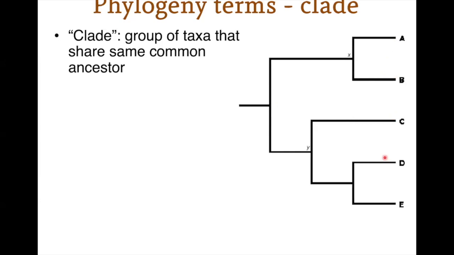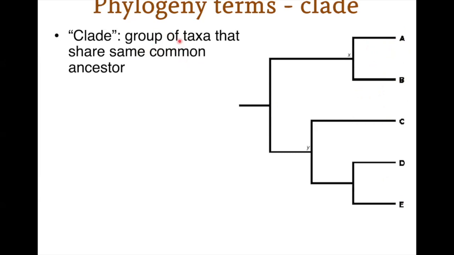So you can make phylogenetic trees out of any taxonomic group. So these could be individual organisms in a population, they could be species, you can go as far as different domains of life. You can make phylogenetic trees of different domains of life. So it doesn't matter, you can do them for whatever taxonomic groups of organisms you happen to choose. And the fundamental group of a phylogeny is this term clade.